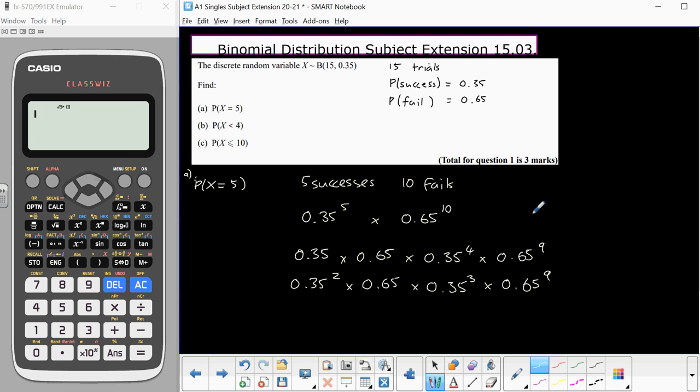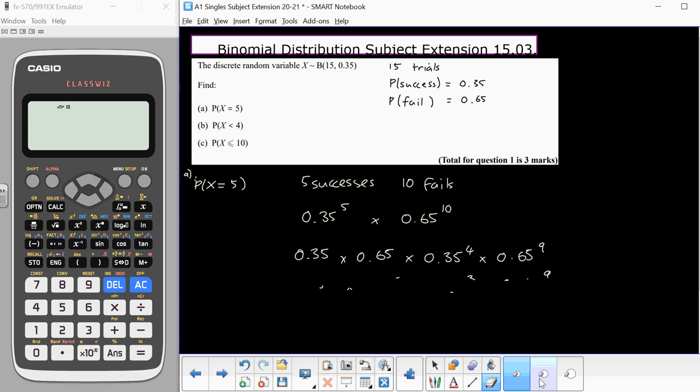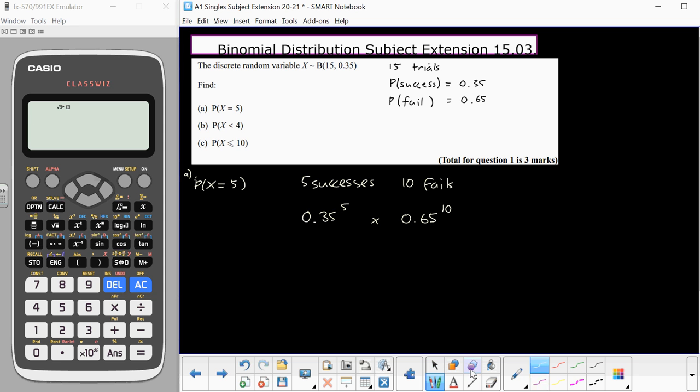So we've got to think about how many different ways there are of getting 5 successes out of 15 trials. And the way that we do it, using the calculator anyway, is using the nCr function. If you have a number of trials and you're looking for a number of successes, how many different ways are there of working that out?